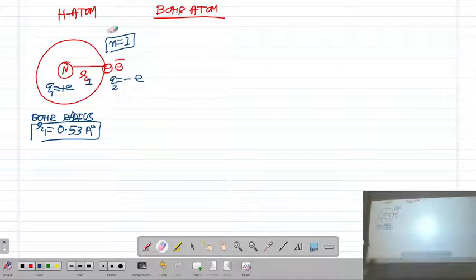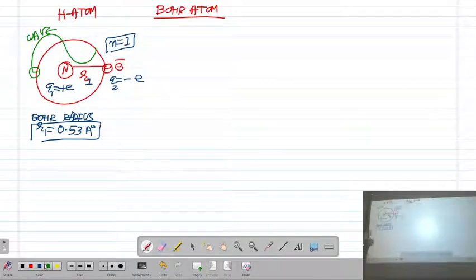Now we consider the wave nature of the electron. The electron behaves as a wave. In the last lecture we considered the wave nature of the electron in an orbit.